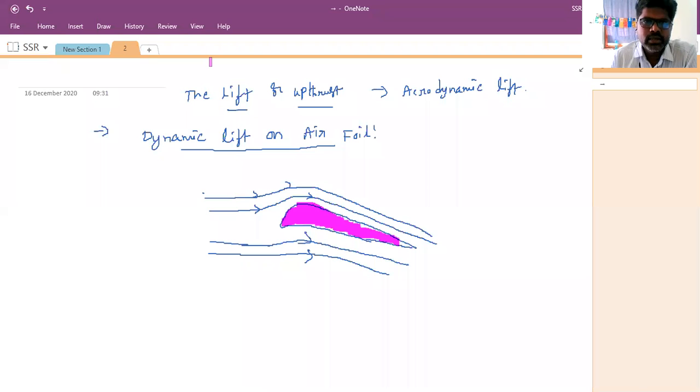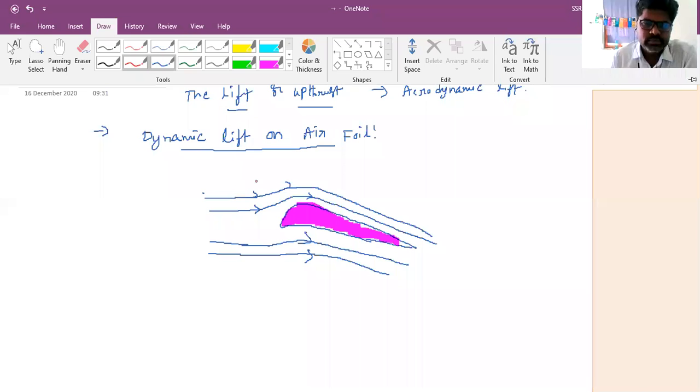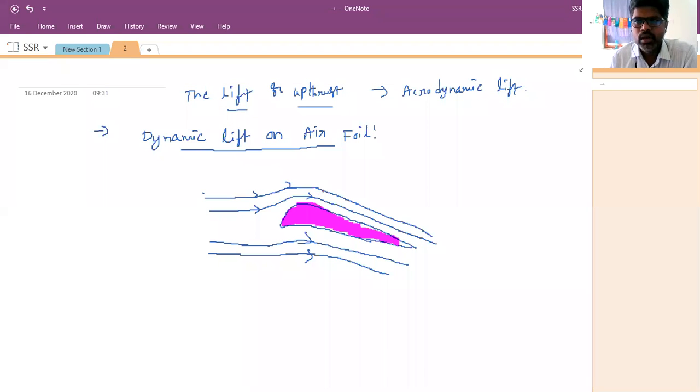Now, what is the speed of the air while the wing is moving? Let us say V1 is the speed of the air on the upper side of the wing, and on the lower side V2 is the speed. The pressure at the topmost point is P1 and at the bottommost point is P2.